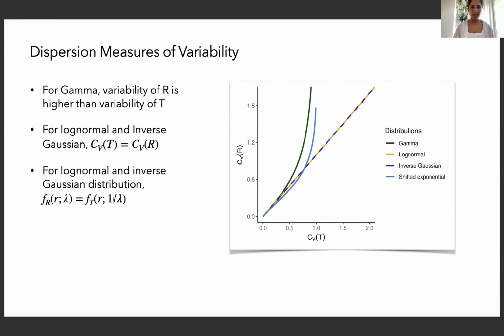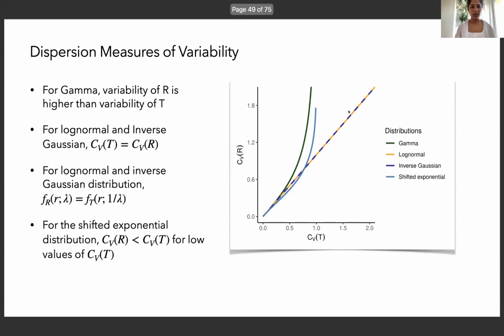So that translates to their CVs having the same profile as well. Then coming back to the shifted exponential distribution, where the relationship is not identity, we see that the CV of R is less than CV of T until a certain value, and after that, the CV of T approaches 1.